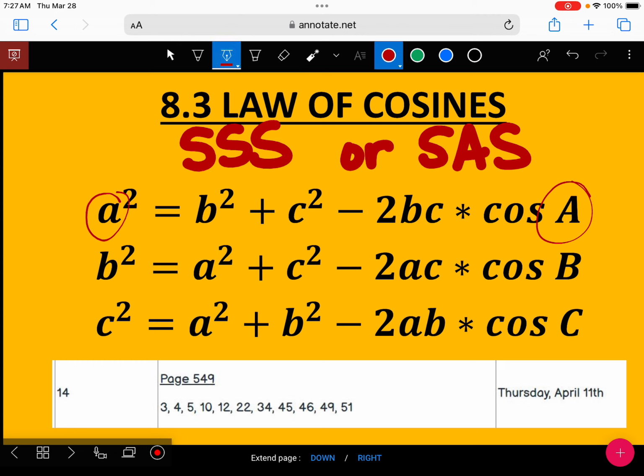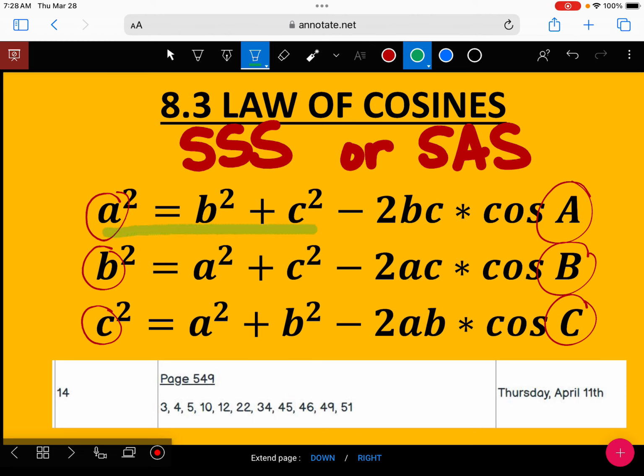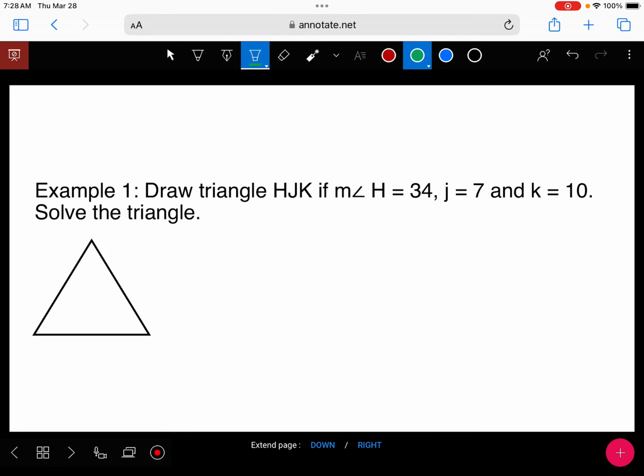In all 3 of these scenarios, if I start with B, I have to end with B. If I start with C, I have to end with C. In the middle, it is the Pythagorean theorem. So it's a squared equals b squared plus c squared, right? And then you subtract 2 times the 2 sides you don't know and multiply it by the cosine. So let's practice setting up the law of cosine, and then we'll end there.